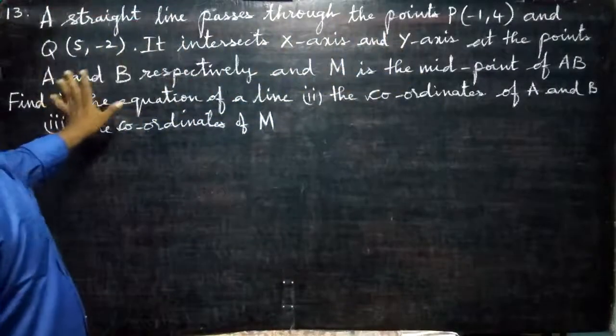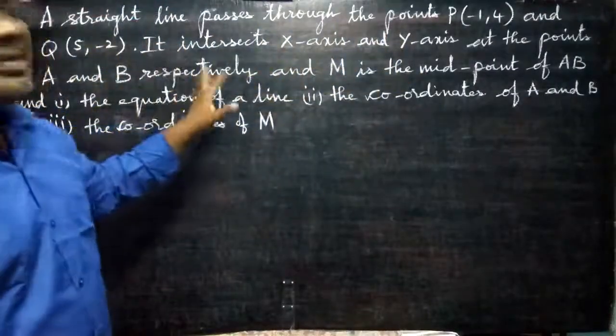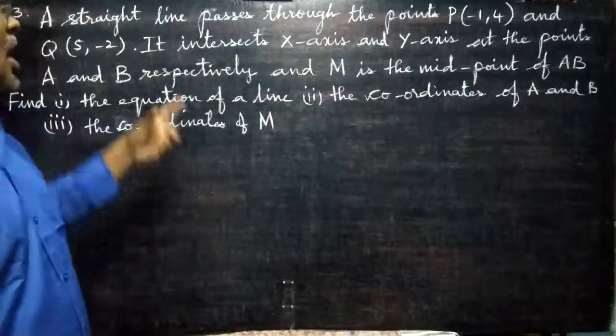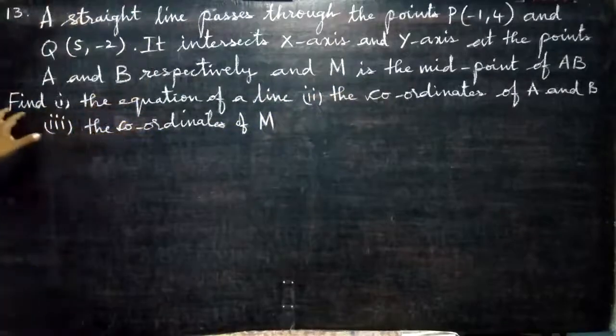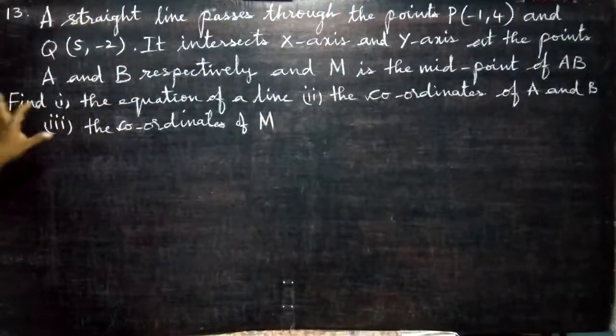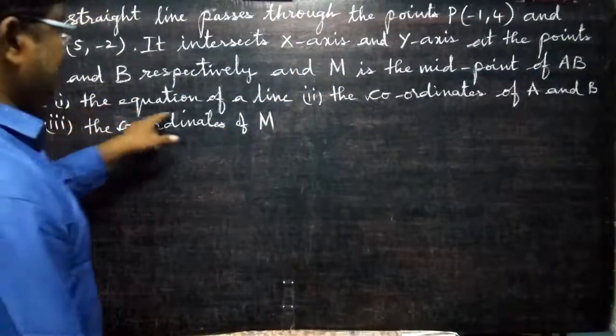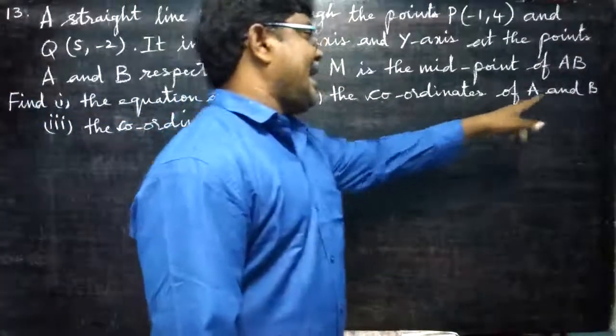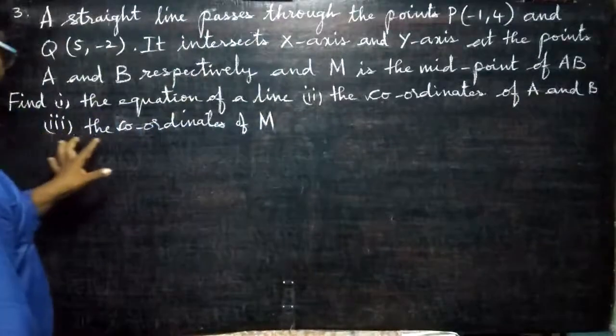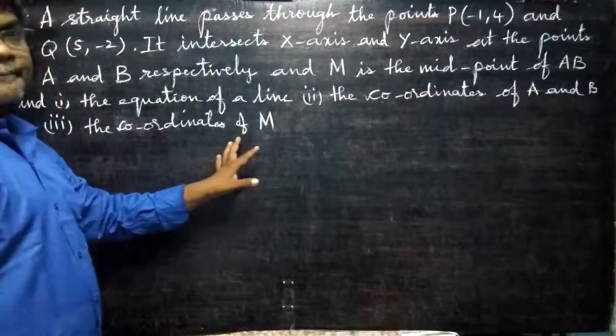First one to first point, second one to second. That is the meaning of respectively, accordingly. And M is the midpoint of AB. Now they are asking to find 3 bits. First bit, the equation of a line. Second one, the coordinates of A and B. And third one, the coordinates of M.